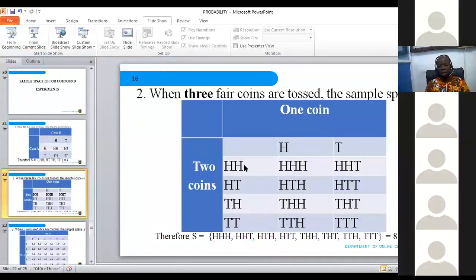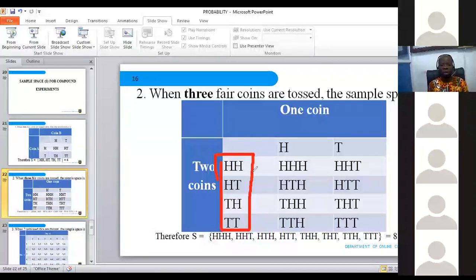If you roll 2 coins, we know that the result is going to be head, head, head, tail, tail, head, tail, tail. That is the result when you toss 2 coins.